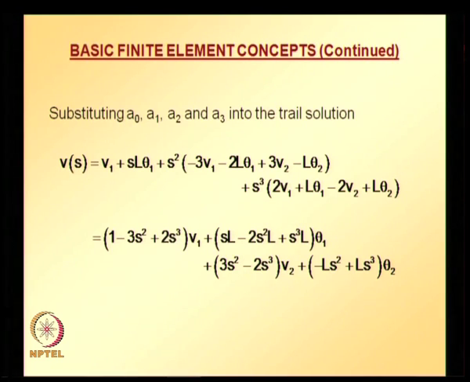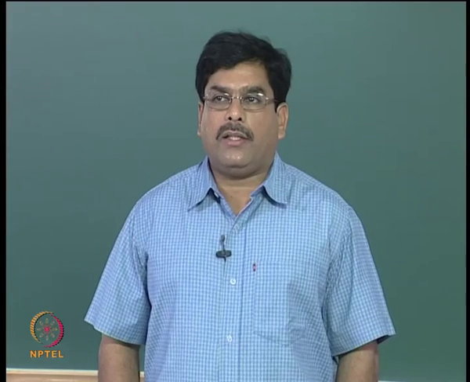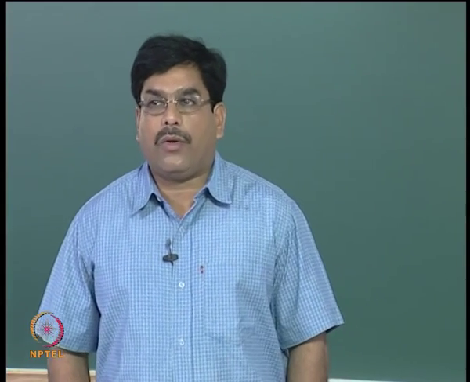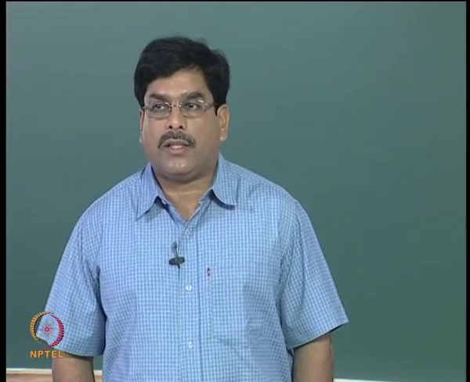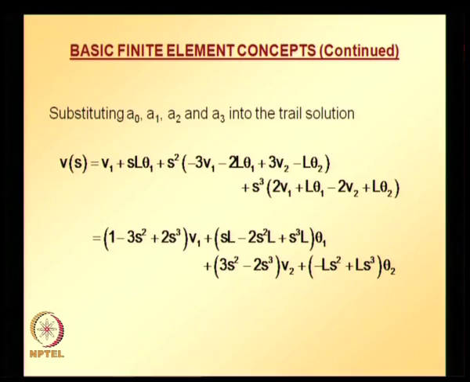So whatever is acting like a coefficient to v1 is nothing but n1, whatever is acting like a coefficient to theta 1 is nothing but n2, whatever is acting like a coefficient to v2 is nothing but n3, and whatever is acting like a coefficient to theta 2 is nothing but n4.